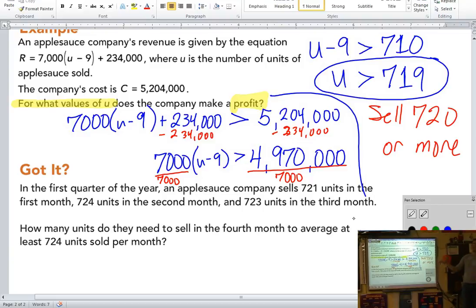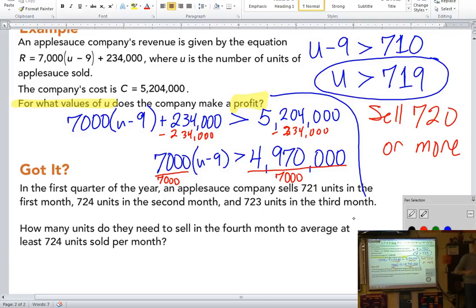Now, here, a unit is probably like a crate of applesauce. Did I tell you guys my sister-in-law just got a job at the Ohio Grocers Association? Any food that goes on your shelf in the grocery store has to go through this association. I'm not 100% certain, but I feel like they approve the food and buy it and then give it to the grocery stores.